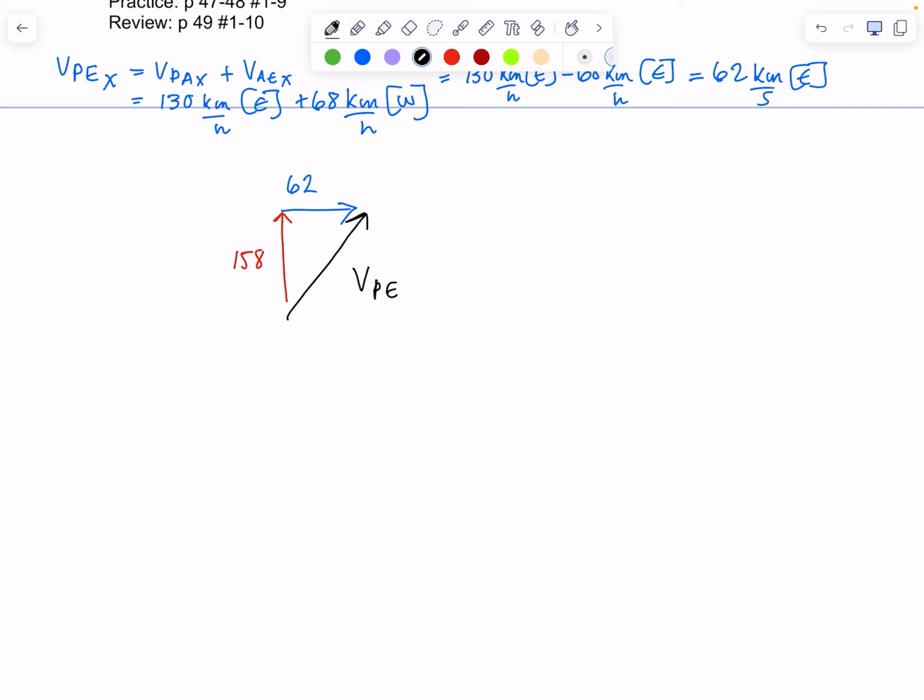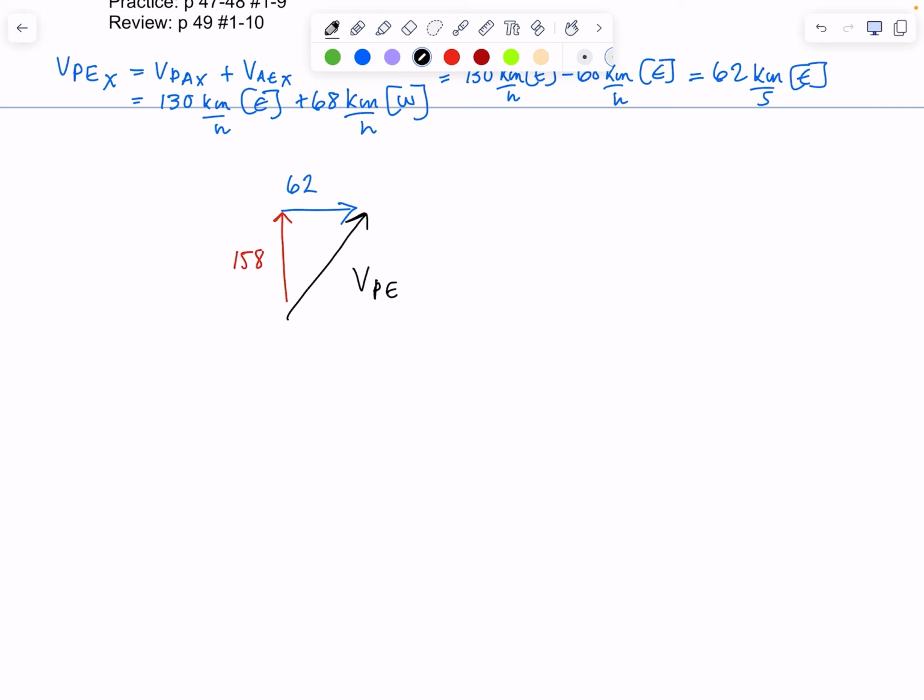Every time we use component vectors, we find the x components of each of the vectors, the y components of each of the vectors. We add up all the x components, add up all the y components, then we make a right-angled triangle like we have now.